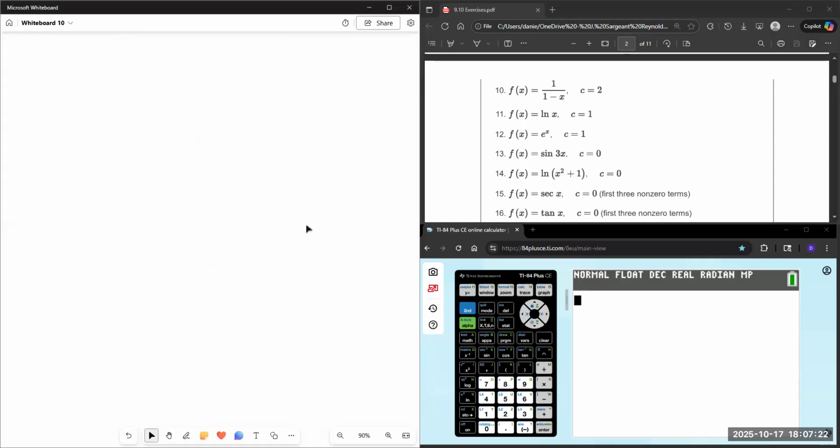So using the formula that's in the book for ln of x, this is our established series that they want you to memorize for ln of x. And I think you can probably see how it comes straight from the work that we just did.